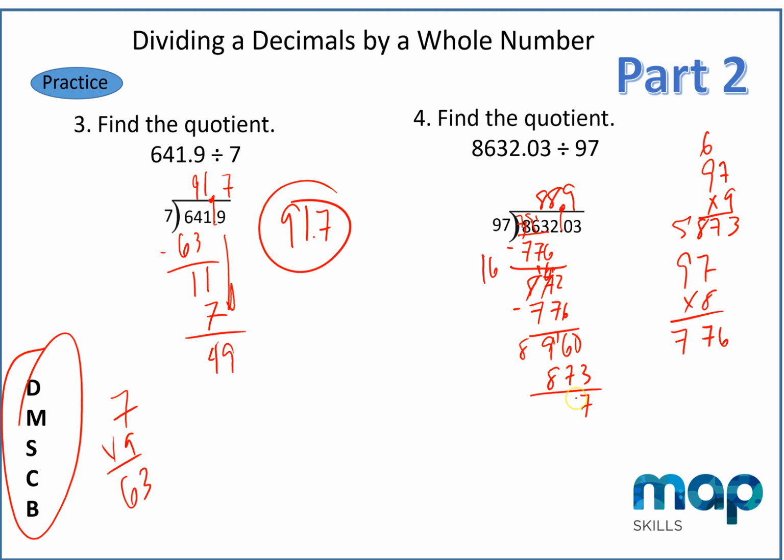It's 8. 16 minus 7 should have been 15 minus 7 because I have to borrow. So it's 15 minus 7 gives me 8. 87. 87 is less than 97. Bring down my 3. And that gives me 9. So our answer is 88 and 99 hundredths.